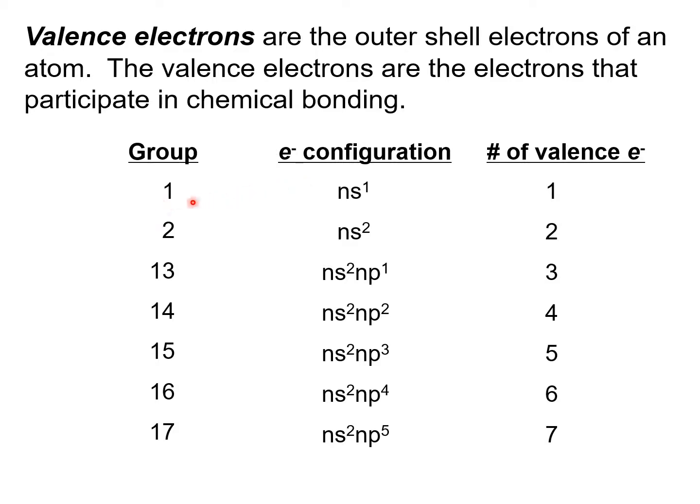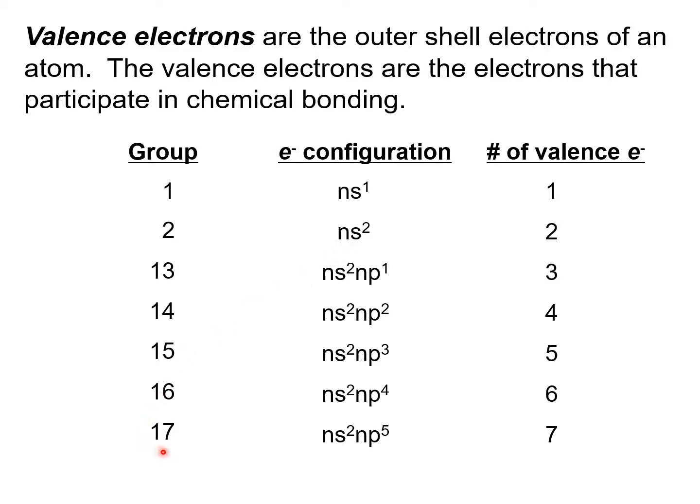So for example, in group 1, which only has 1 valence electron, the electron configuration takes the form ns1, where n represents the period number. And so the 1 valence electron is located in the s orbital in group 1 elements. In group 2 elements, the electron configuration takes the form ns2, where the 2 valence electrons are all located in the ns atomic orbital.